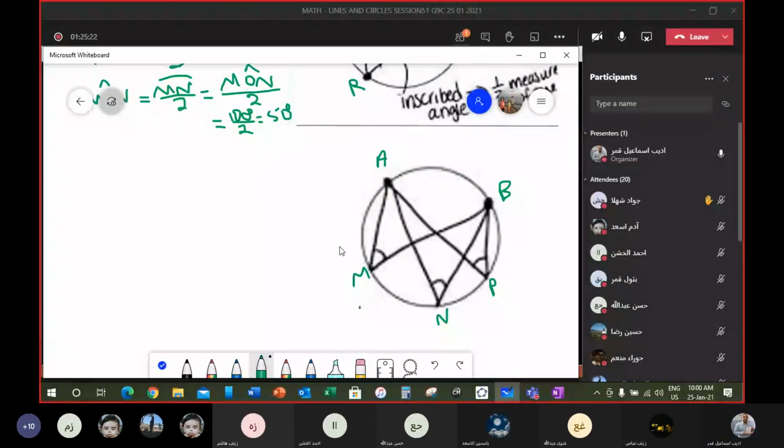Okay. Who can name the 3 inscribed angles? أنا يا أستاذ.